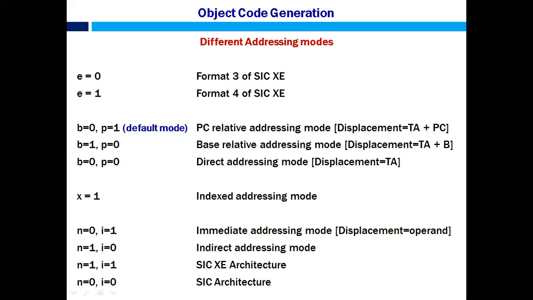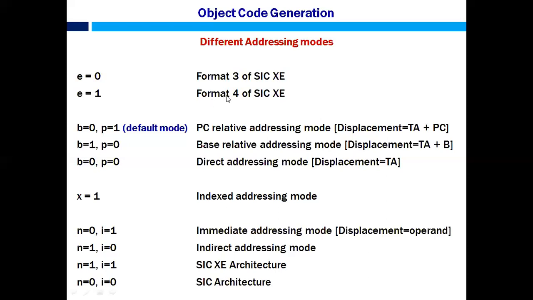Out of this, the first 6 bits will be taken by the opcode, and the next 6 bits are n, i, b, p, x, e, which take 1 bit each. Then the next 12 bits are reserved for the displacement. I hope you remember that.